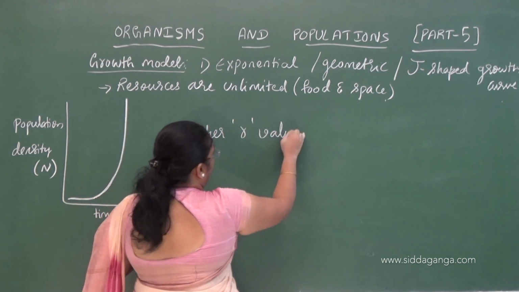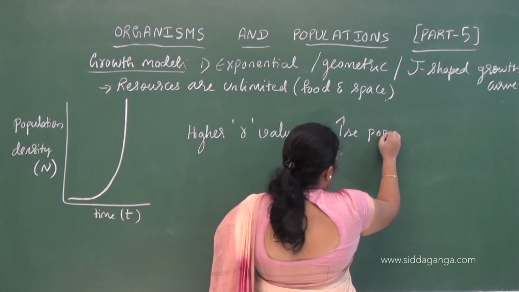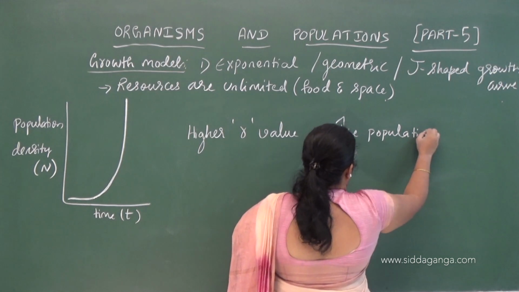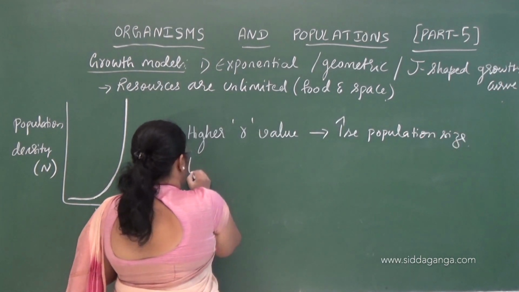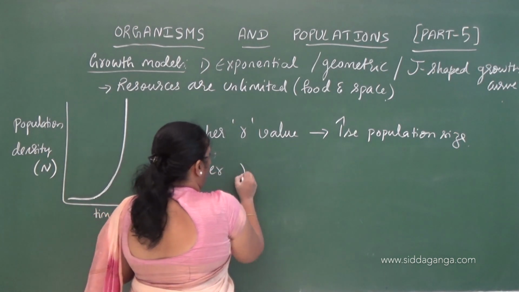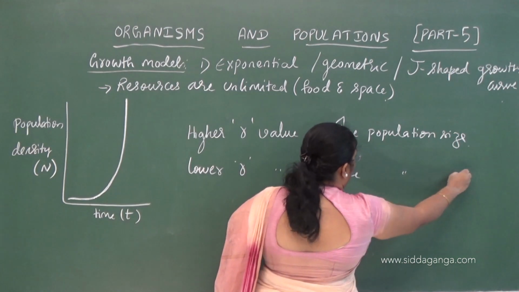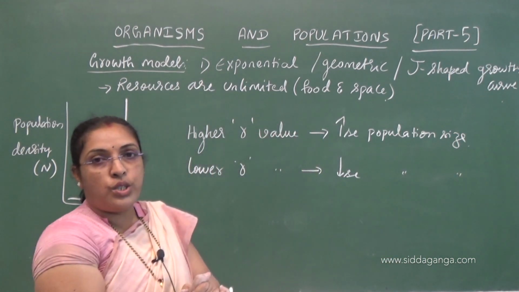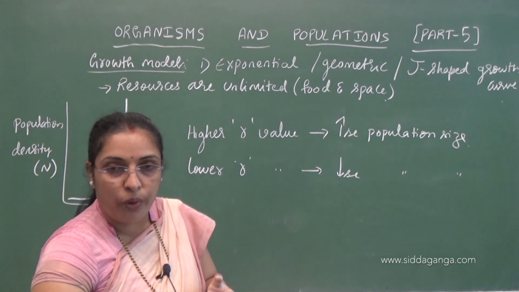Higher R value denotes increased population size or density, and lower R value denotes decreased population size. Understood? If R value is the same, that denotes a stable population.